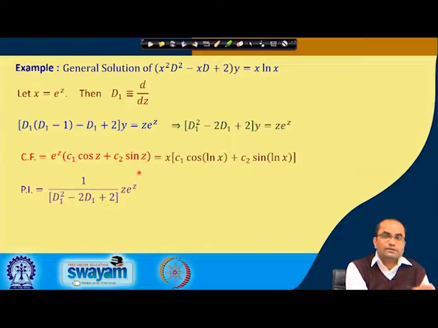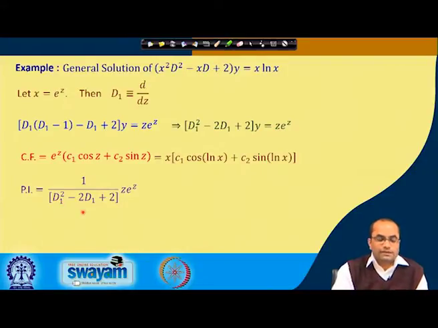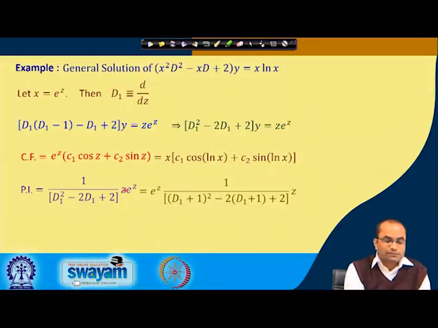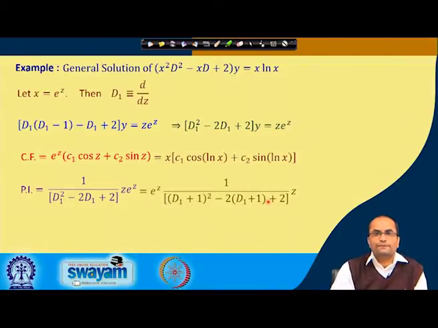So, this e^z we can bring to the left hand side, and as a result this D₁ will be replaced by D₁ + 1. So, that is what we have done here, e^z we have taken out of this operator, and D₁ is replaced by D₁ + 1. That was the direct formula which was discussed already in the previous lecture, and now we need to only apply this on this z here. So, let us simplify this one first.